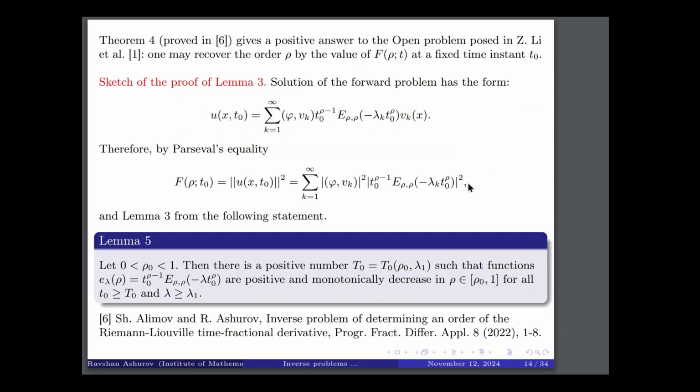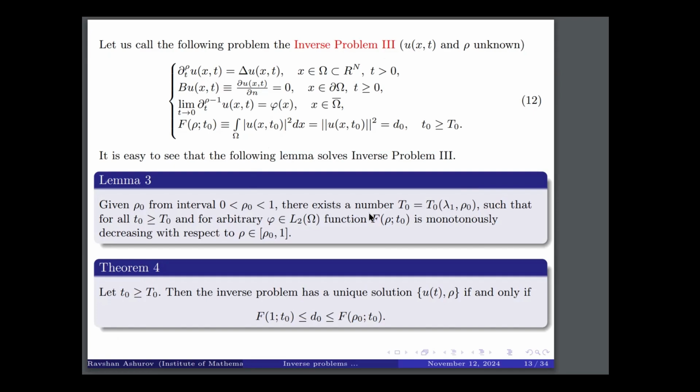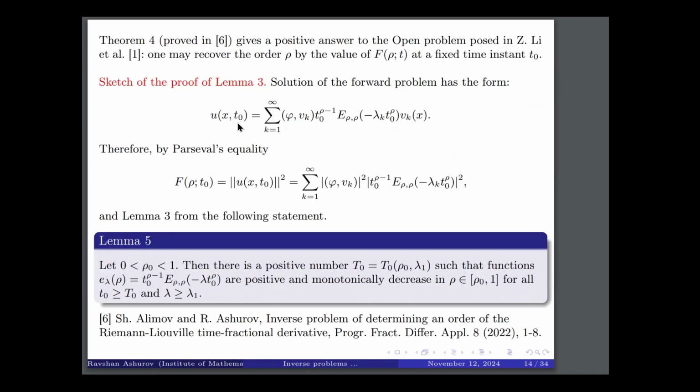And a few words on how we can prove this lemma 3, how we can prove that this is a monotonically decreasing function. To do this, we again take the solution at fixed time instant t0, and then take the norm, and using the Parseval equality, we have the following formula for this norm. And now, if we show that this function for all lambda k, as a function of rho, is monotone and positive, then you have a solution of this inverse problem.